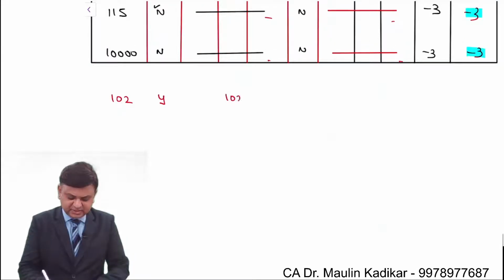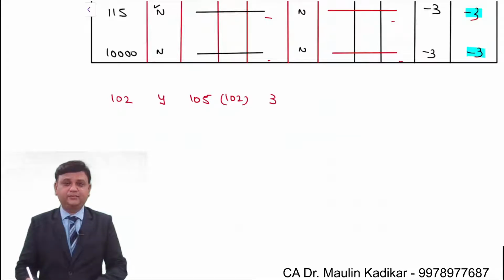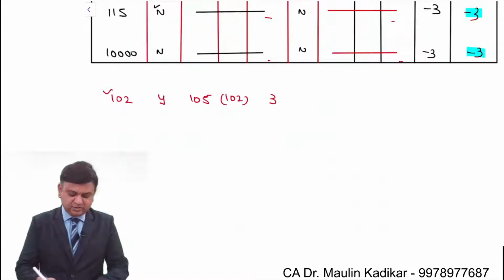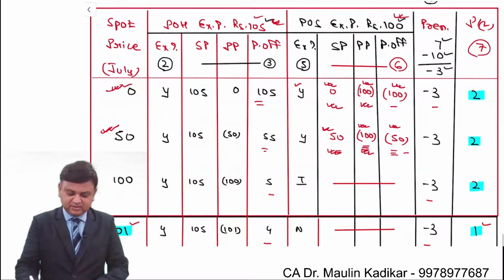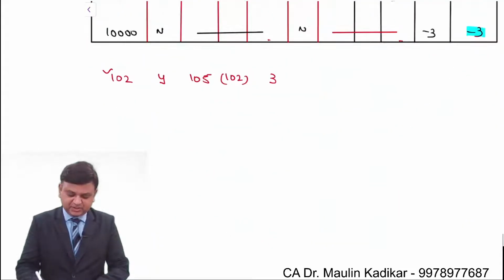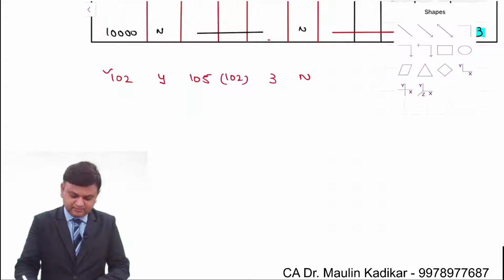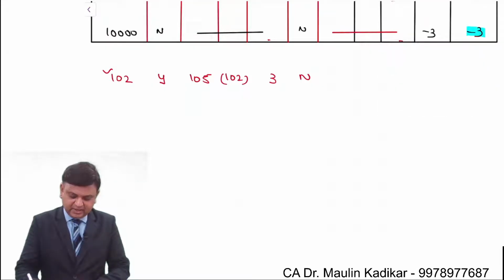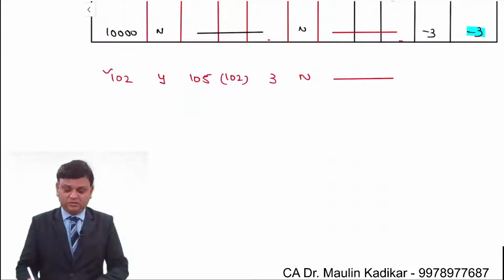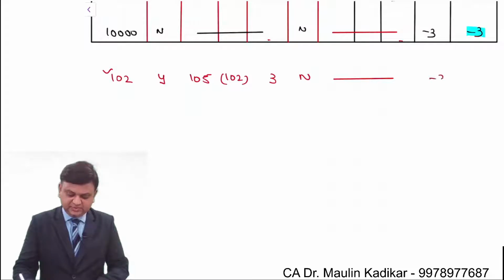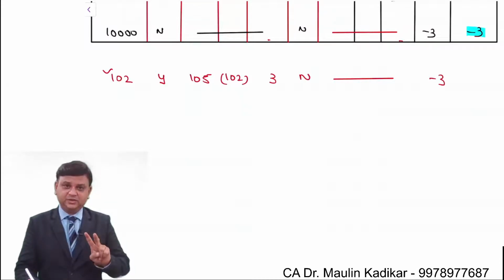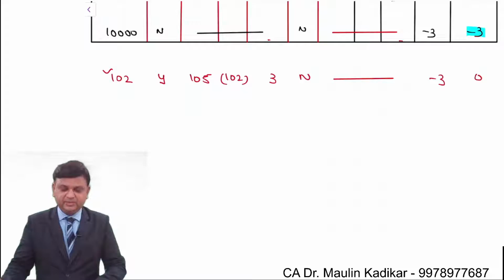So purchasing the security at 102, selling at 105, that is 3 rupees of the payoff. 102 is not less than 100. So this option is not exercised. Again, the payoff value will be 0. 3 rupees is the premium, 3 positive, 3 negative. So overall it will be 0.